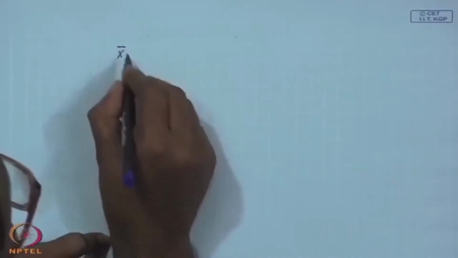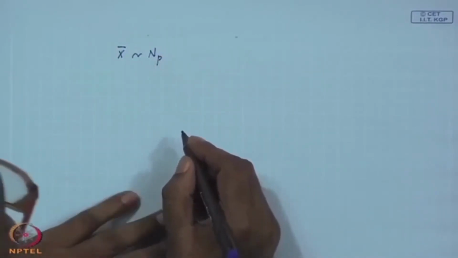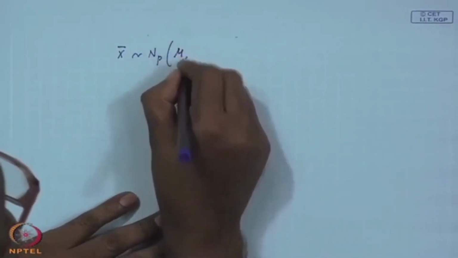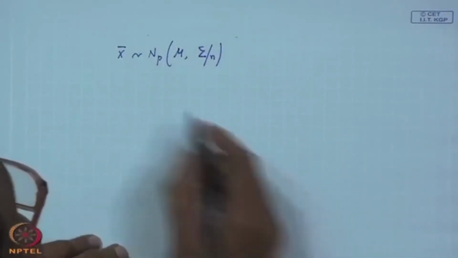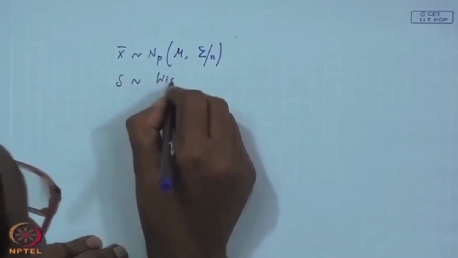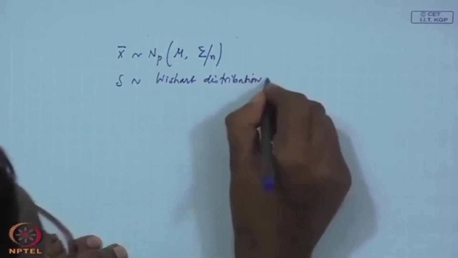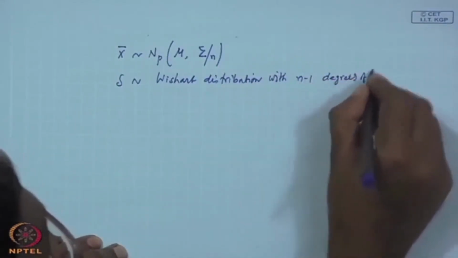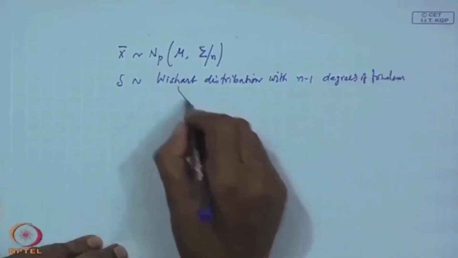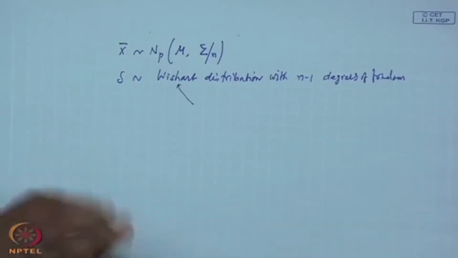Now, x bar follows a multivariate normal distribution with p variables, mu and sigma by n, and S follows the Wishart distribution with n minus 1 degrees of freedom. This is a complex distribution, the Wishart distribution. We will not talk anything about it henceforth.